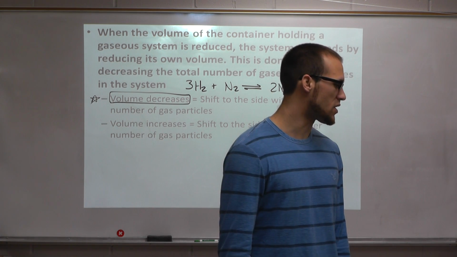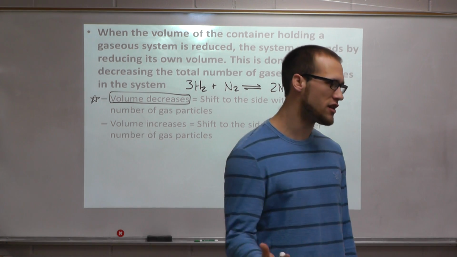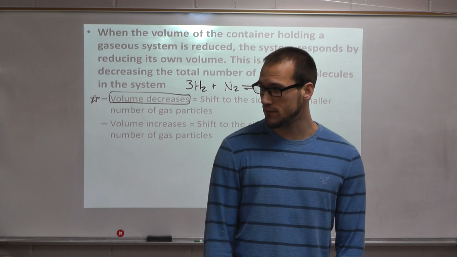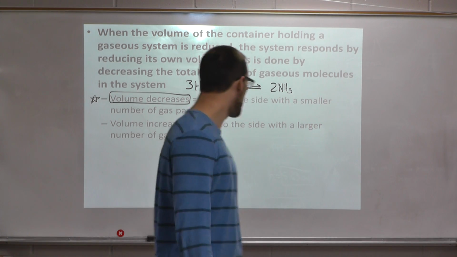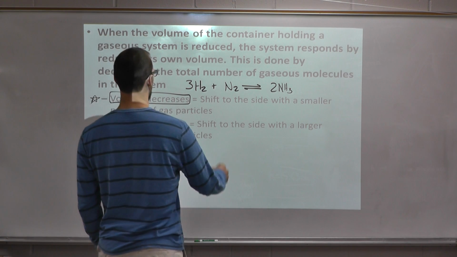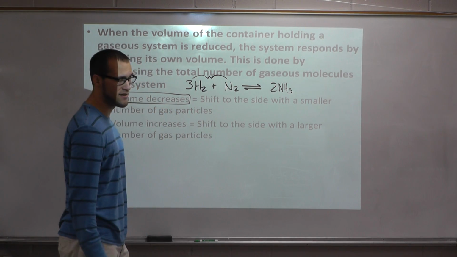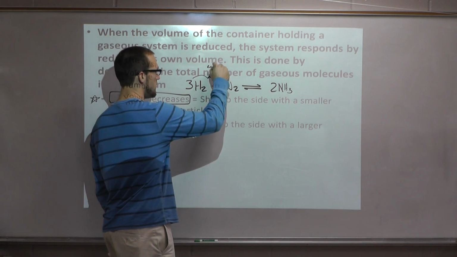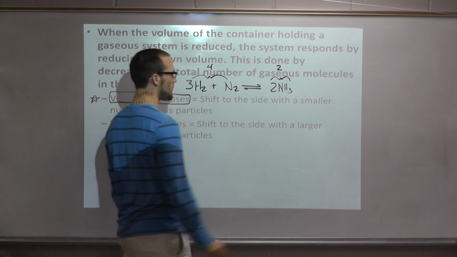Decreasing its own volume. The question is, how does a reaction decrease its own volume? And what are you going to look at to figure that out? So what you're going to look at here is how many gas particles I have on the reactant side. And then pretty obviously we've got 2.